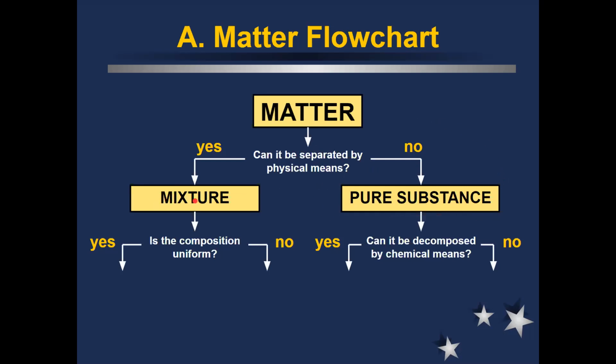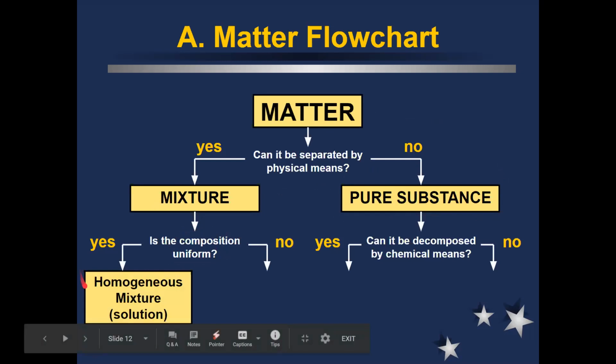If we have a mixture, and all of the elements and particles in it are totally uniform, totally equally distanced and spaced from each other, then we have what's called a homogeneous mixture. If they're not, if there's unequal distribution, if there's clumps of different types of substances in some areas versus other areas, we have our heterogeneous mixtures.